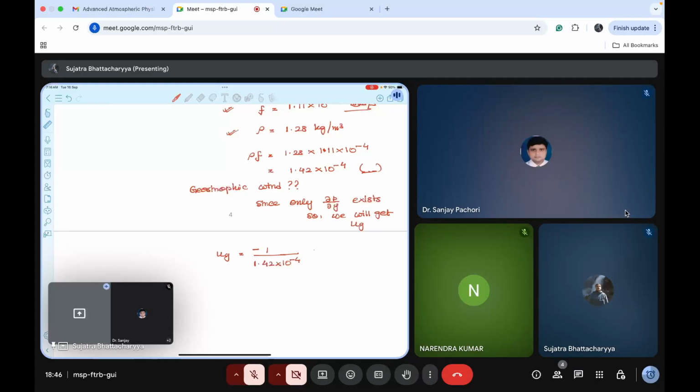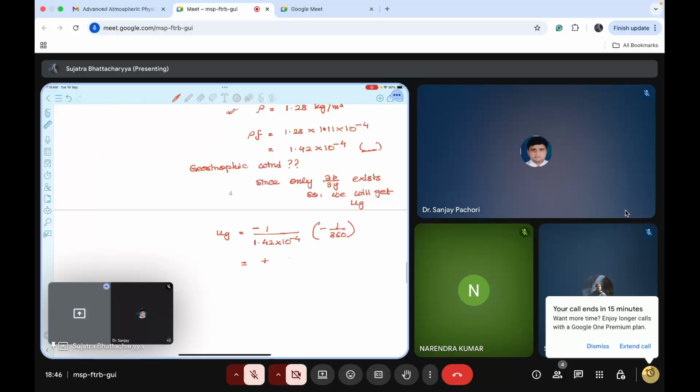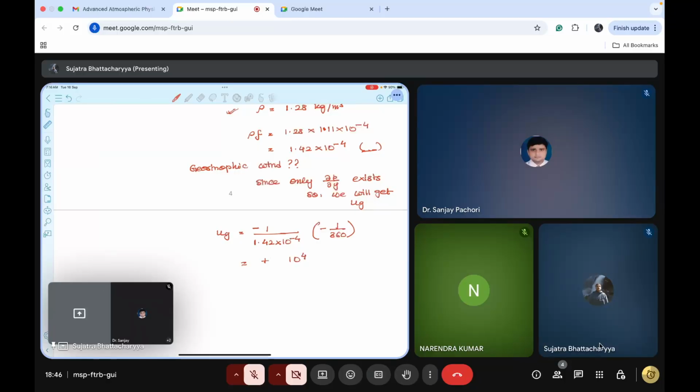So minus minus becomes plus, 10 to the power 4 divided by 1.42 into this. If you calculate all these things, you get plus 19.56 meters per second. Plus represents eastward.